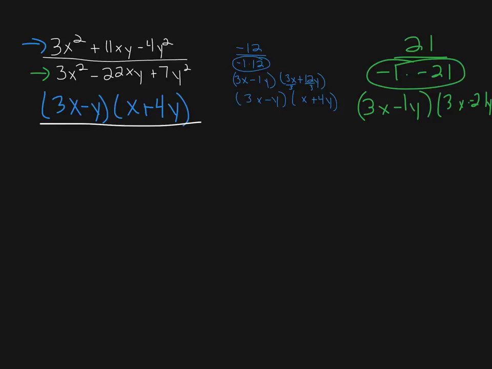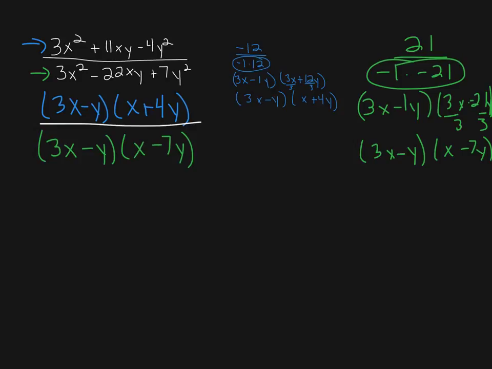And then both of these can be divided by 3. So that simplifies to 3x minus y and then x minus 7y. So our denominator is 3x minus y and x minus 7y.